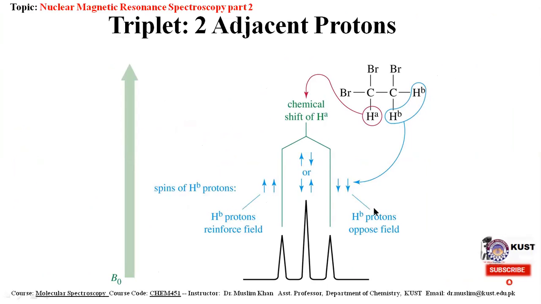The other case is that both oppose the field. The third possibility is that one is opposing and the other is reinforcing, or the other way around. That's why it is split into a triplet.